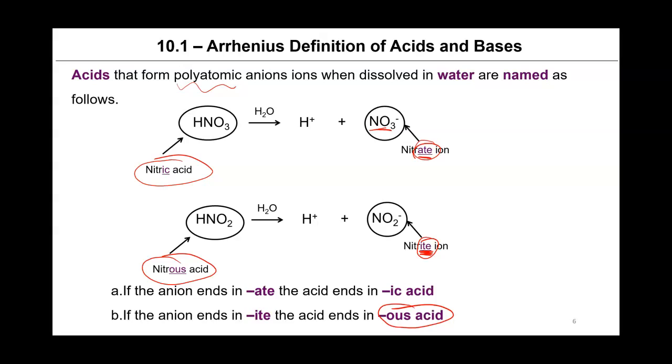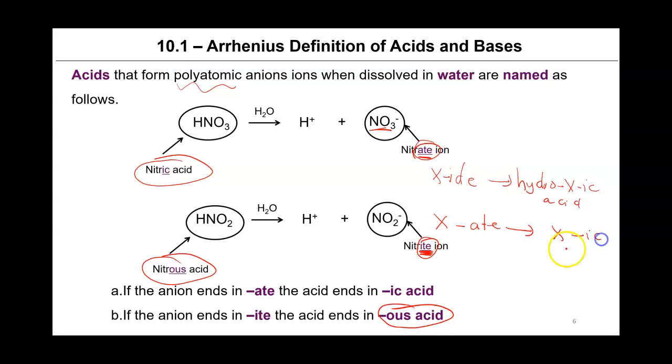So we have three rules. If our anion is an ide, then our acid is a hydro-ic acid. If our anion is an ate, then it's a little bit easier.